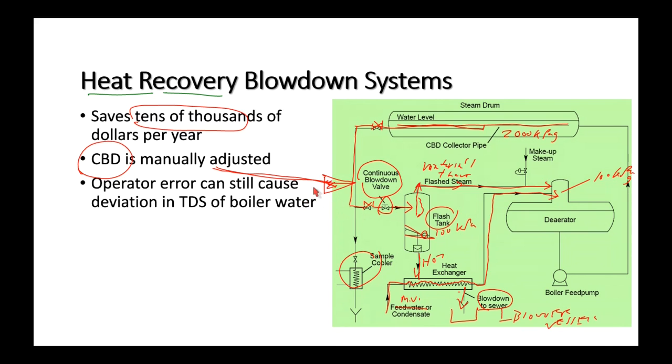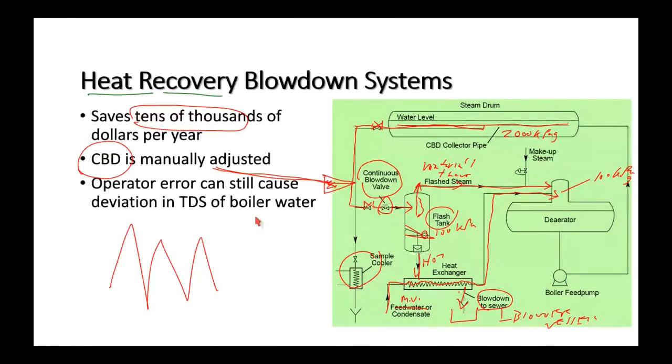And he forgets to open up the valve, and then Jill comes in the morning and she's all upset because the TDS is way too high again, and how come every time she comes on shift the TDS is too high? And this is this vicious circle of TDS going up and down and up and down and up and down.